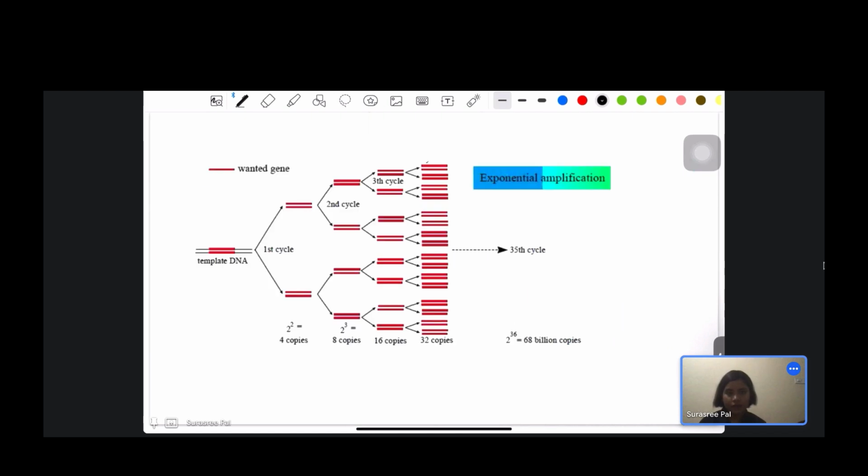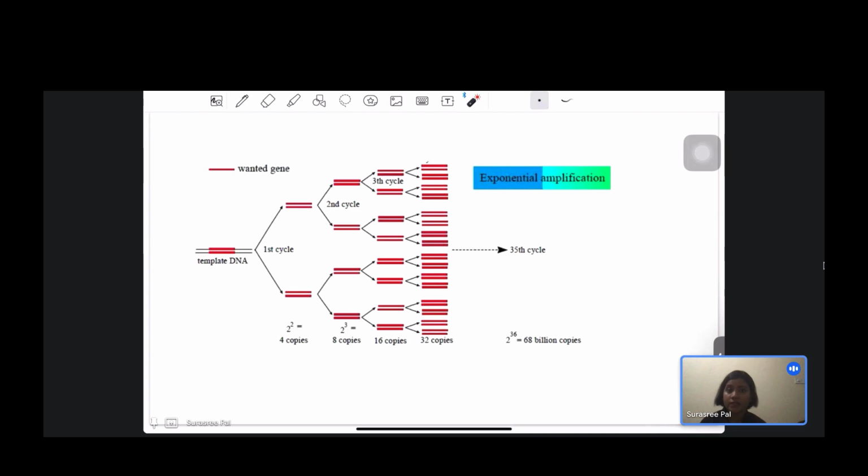Here also remember that in PCR amplification, or polymerase chain reaction, it occurs by exponential amplification. Suppose this is the template DNA that we have started with, and this red portion is our wanted gene. Now how many molecules of DNA will be produced?